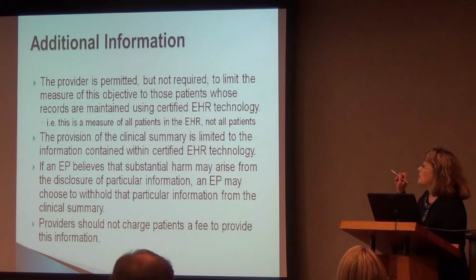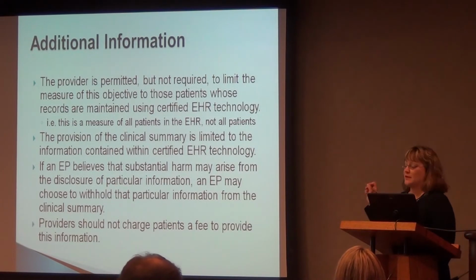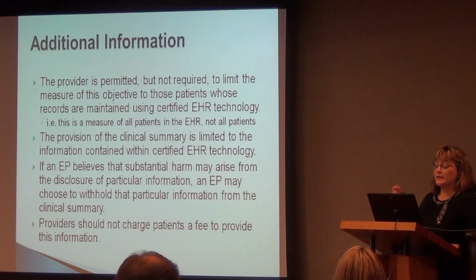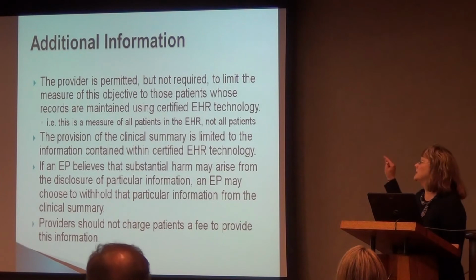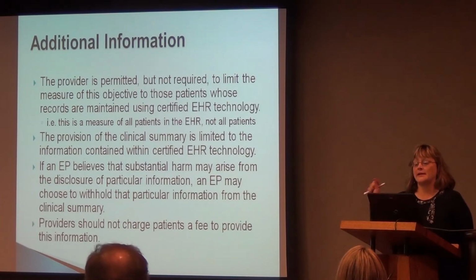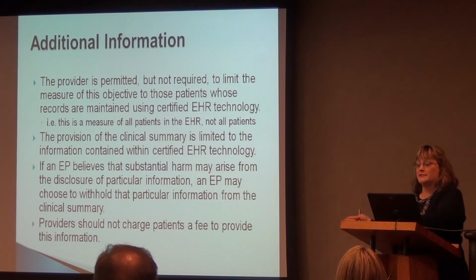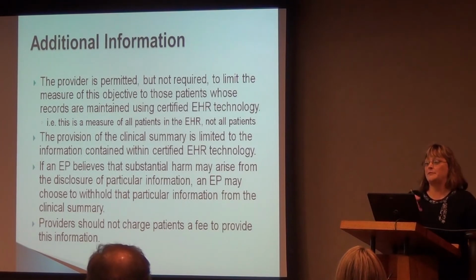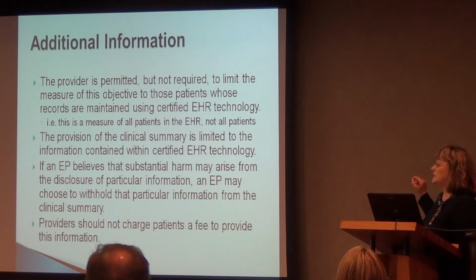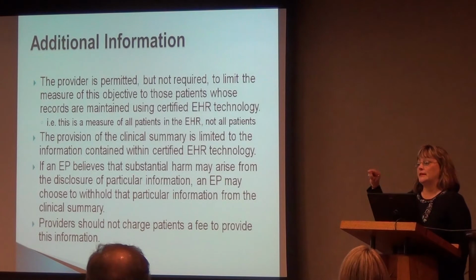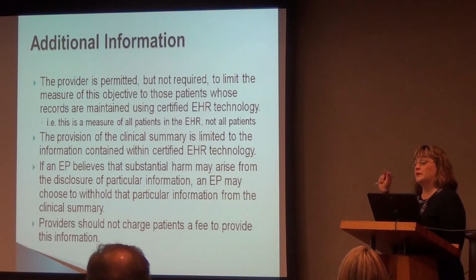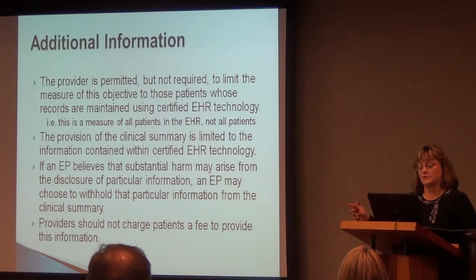Okay, so there is some additional technical information. The providers are permitted but not required to limit the measure of the objective to those patients whose records are only maintained in an EHR. So they are not calculating if you're in the middle of a transition to a paper chart. The provision of the clinical summaries is limited to the information that's contained within the EHR technology, meaning that information exists already: your problem list, your medications, your allergies.